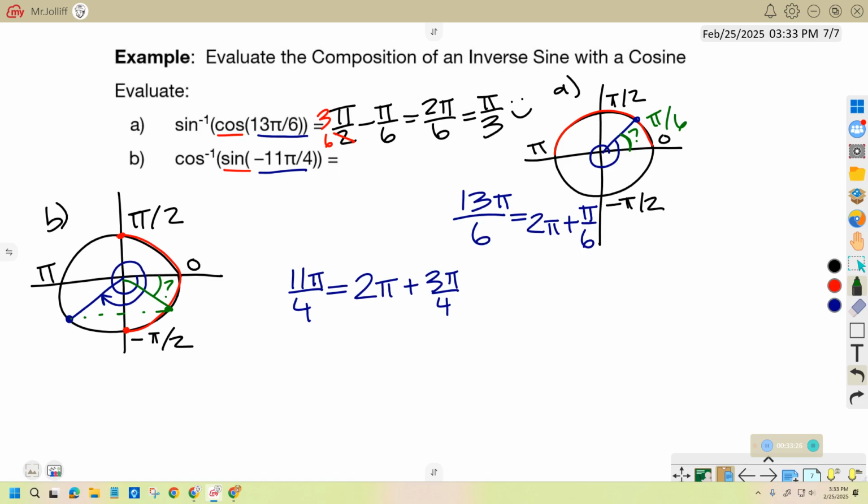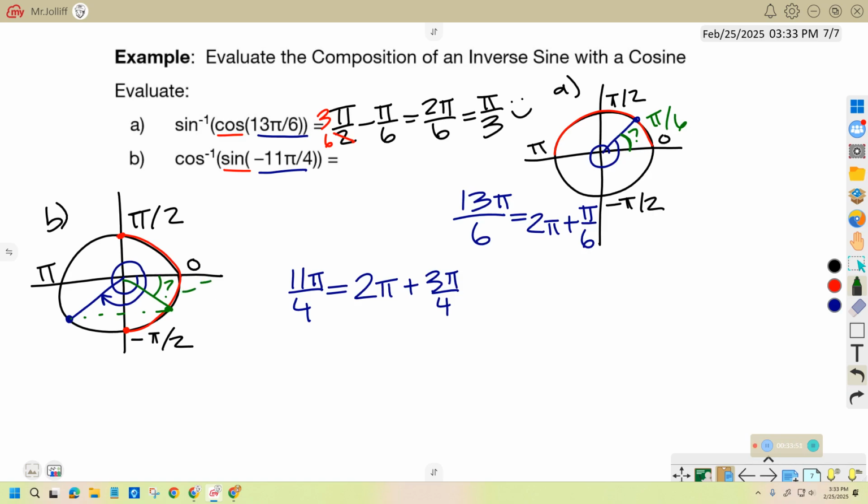What was your first instinct, Brittany? 7 pi over 4 is the positive, so that's up and around. We want the complement to it. So 8 pi over 4 minus 7 pi over 4 would leave me with how many pi over 4s? 8 minus 7 is 1.